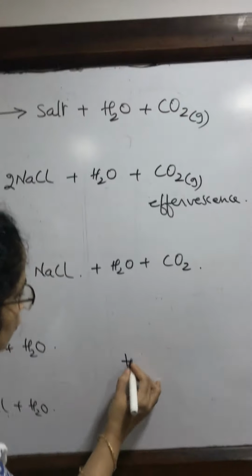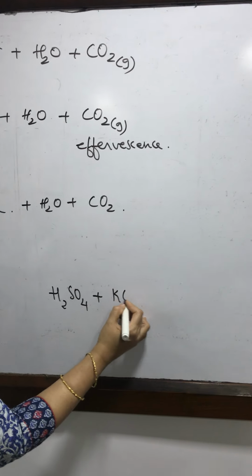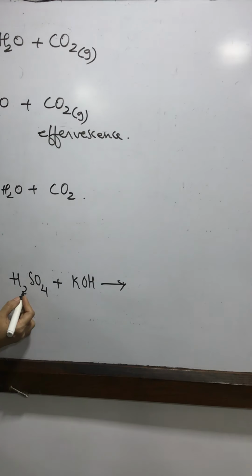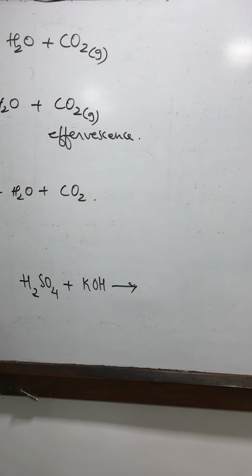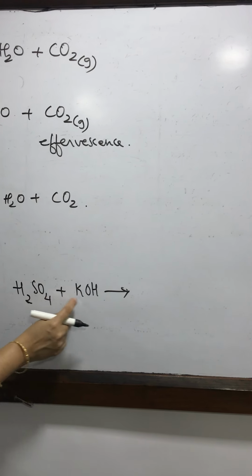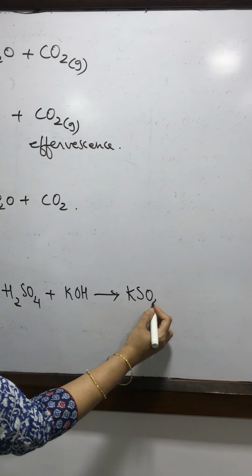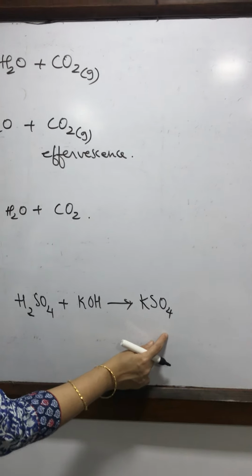That is, sulfuric acid combines with potassium hydroxide. Sulfuric acid is an acid, potassium hydroxide is a base. You will get salt, and the salt obtained will be potassium sulfate. Now if we have to write the formula of potassium sulfate, we must know the valency of potassium and sulfate.